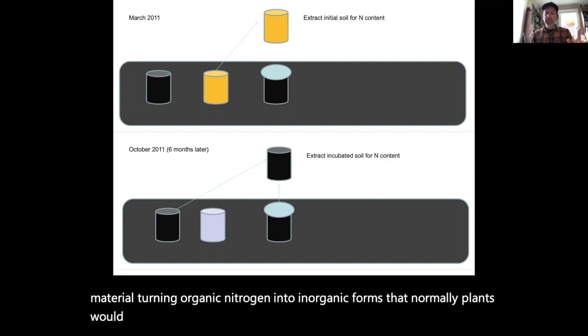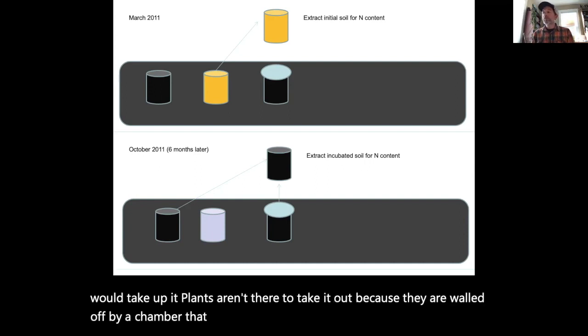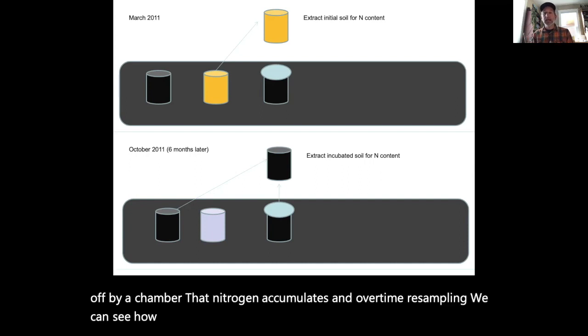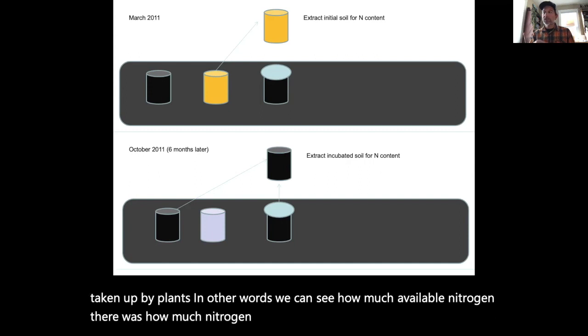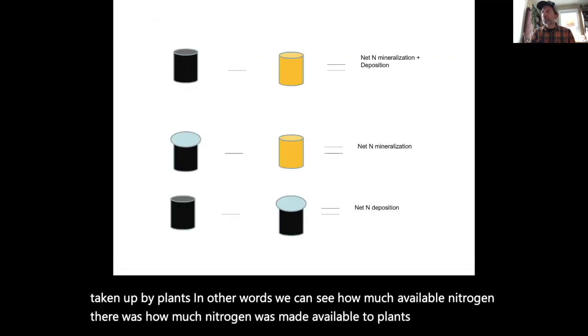If plants aren't there to take it up because they're walled off by a chamber, that nitrogen accumulates. And over time, resampling, we can see how much nitrogen accumulates and how much would have been taken up by plants. In other words, we can see how much nitrogen was made available to plants that they could have picked up.